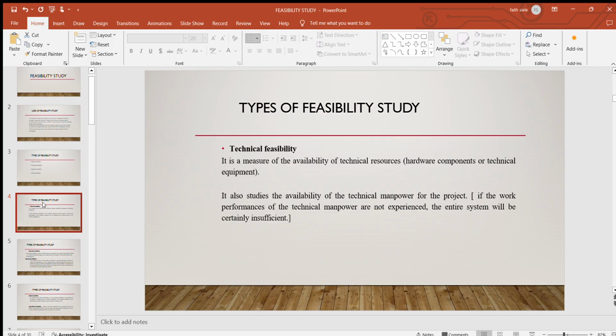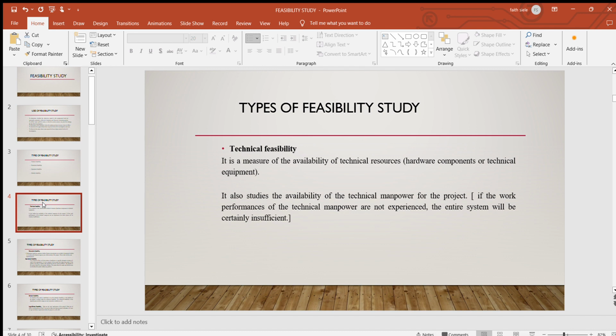What does technical feasibility talk about? When you talk about technical feasibility, it is a measure of the availability of technical resources. That could be hardware components or even technical equipment. Under technical feasibility, it evaluates if the necessary technology is available and compatible with the proposed system.